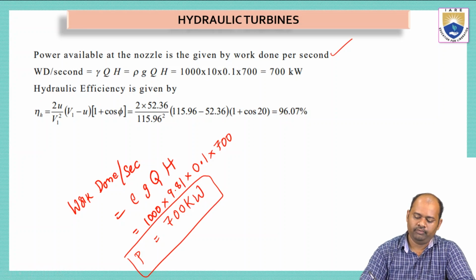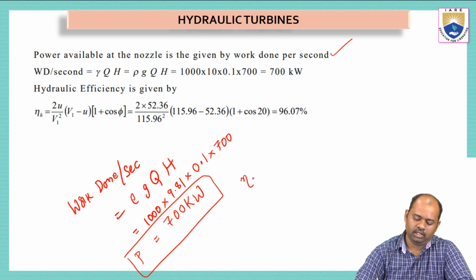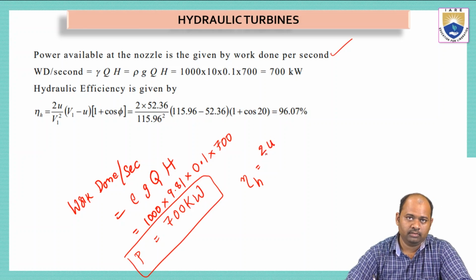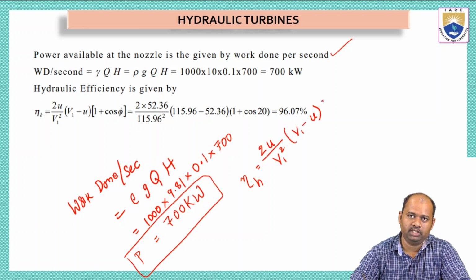Now if we want to calculate the hydraulic efficiency, we have a shortcut formula. Hydraulic efficiency is equal to 2 times the velocity of the vane, U, divided by V1 square, that is the velocity of the water at inlet, multiplied by V1 minus U, the difference of the initial velocity and the vane velocity, and then multiplied by 1 plus cos phi.